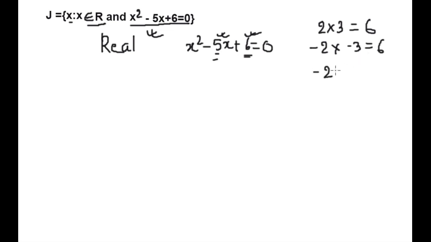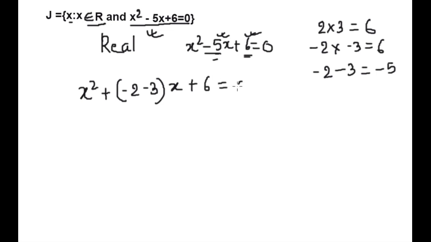So minus 2 and minus 3 is minus 5. Now we can write this x square minus 2 minus 3 x plus 6 is equal to 0. This is equal to minus 5. So we did this plus because minus plus is minus.